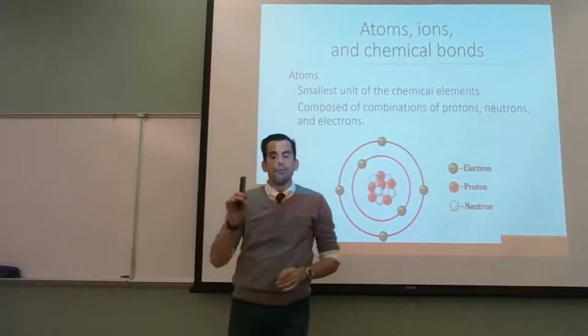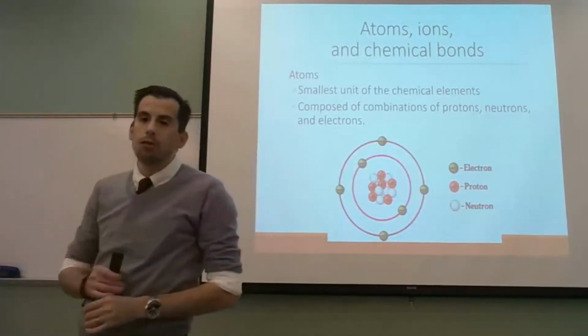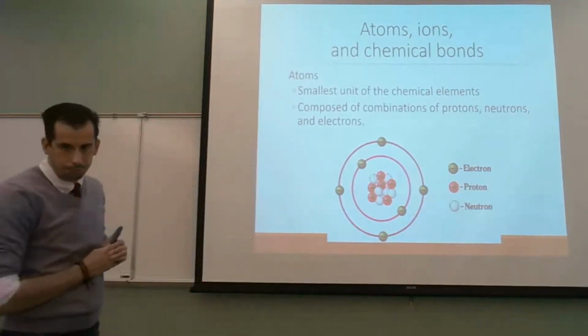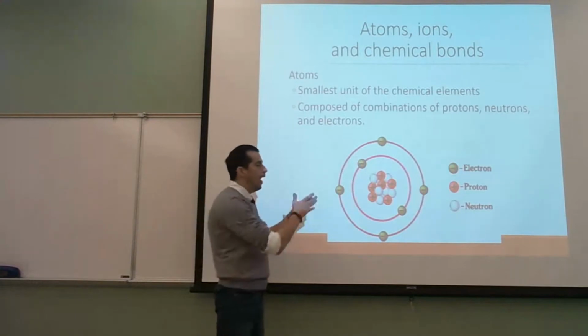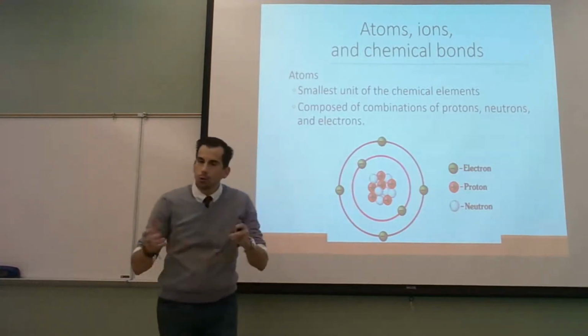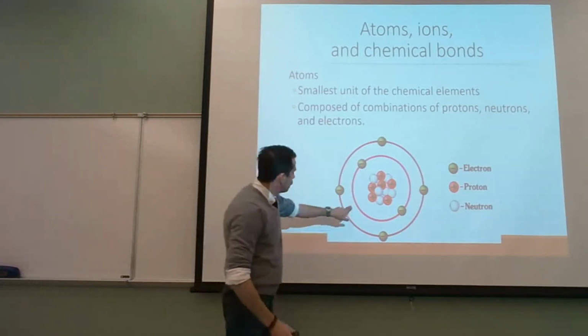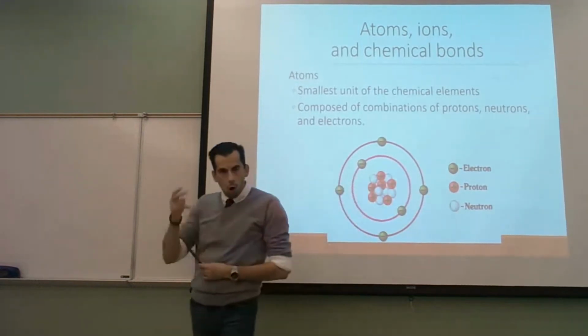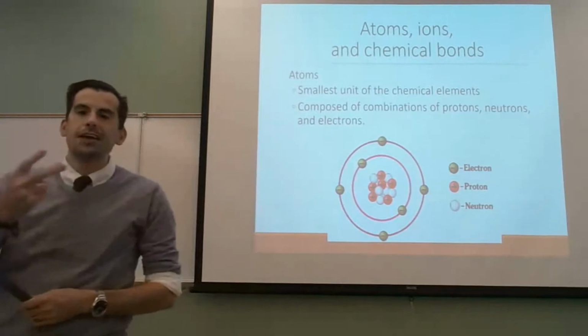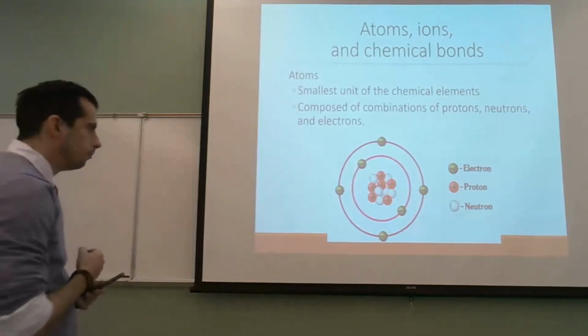It's going to strive to fill that level up with as many electrons as can fit in there. Now, we can't just pack them in there indefinitely. They can only hold so many. The first level can hold as many as 2. Only 2 electrons can fit in that inner first layer.